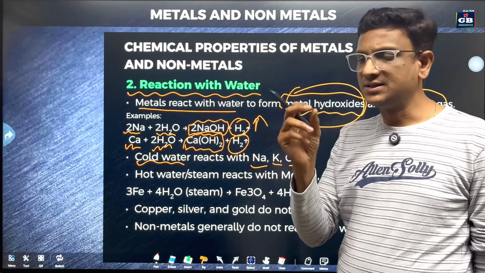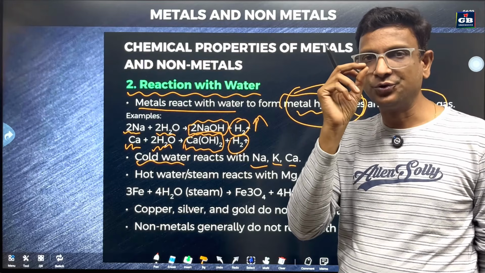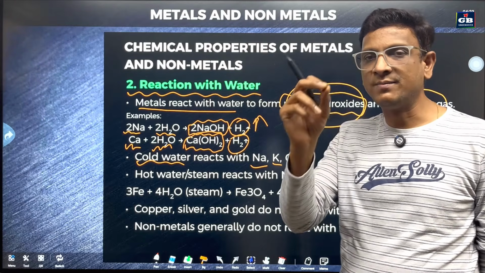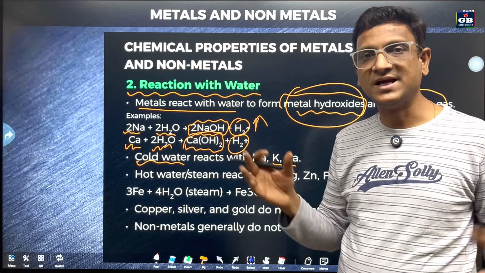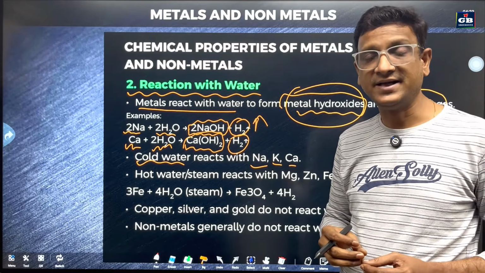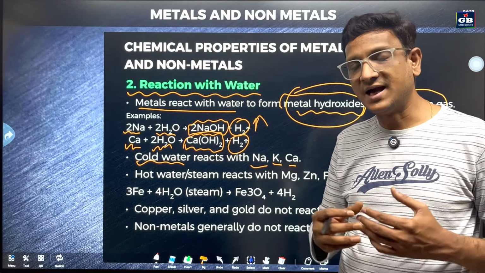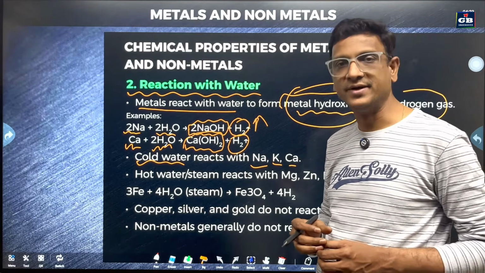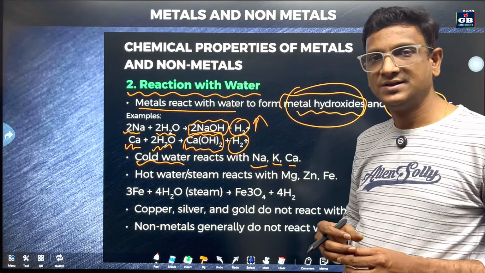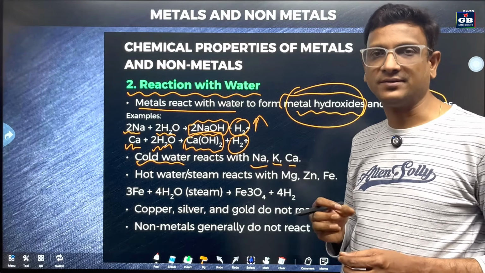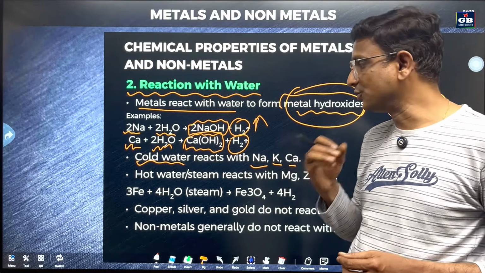See children, if you take some pure sodium metal and throw it in water, it burns and splashes, right? It catches fire. That means it is highly reactive with water. It is reacting even with cold water. That much reactive the sodium metal is.